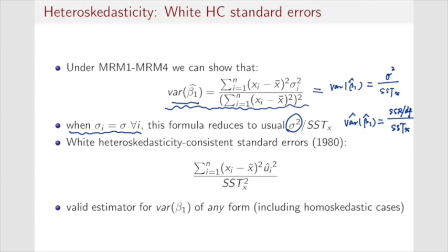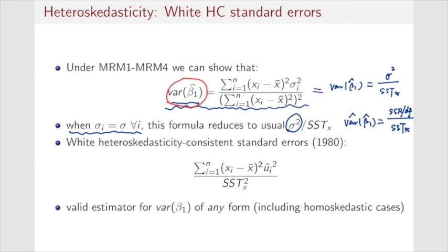Now with heteroscedasticity, we also need a sample version to estimate this population variance of beta 1 hat. White proposed an estimate for this population variance to correct for heteroscedasticity in 1980. If I remember correctly, this paper is the most cited paper in economics.